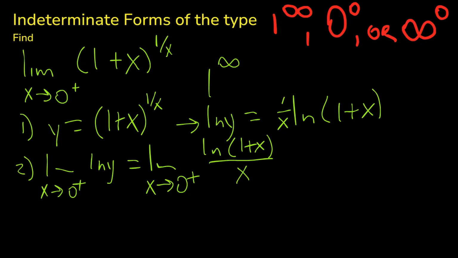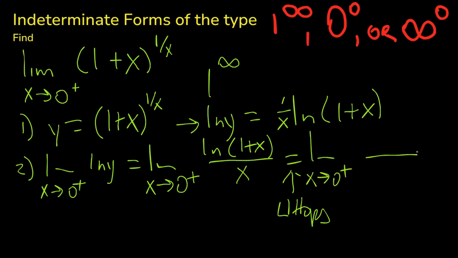Now, as I let x approach 0, both the numerator and denominator are going to approach 0. So this is now an indeterminate form of the type 0 over 0. So this is where I'm using L'Hopital's rule. So limit as x approaches 0 from the right. The derivative of the numerator is 1 over 1 plus x. Remember, u prime over u. The derivative of the denominator is just 1.